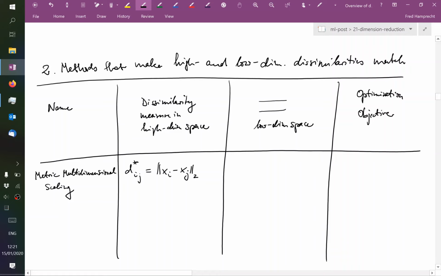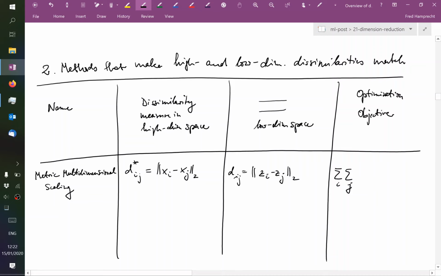Then similarly, we have a dissimilarity in low dimensional space, dij, oops, that would be not x, but zi minus zj. And a meaningful objective that I think everyone could come up with is as follows.